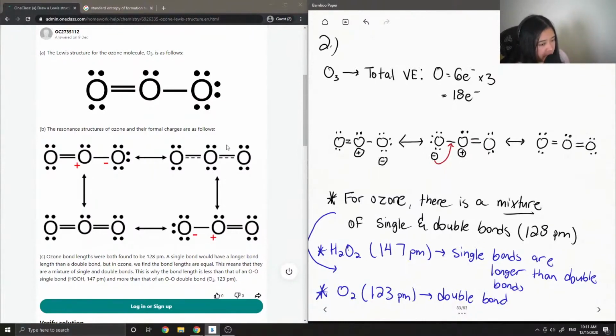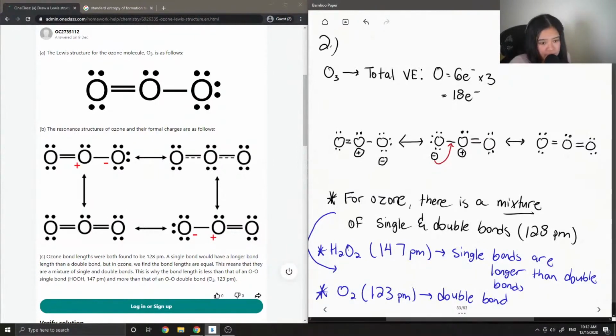They also included, maybe I should have also included, a resonance structure kind of in the middle, showing that you could have a partial double bond as well. Yep, so that's basically the same thing I have.